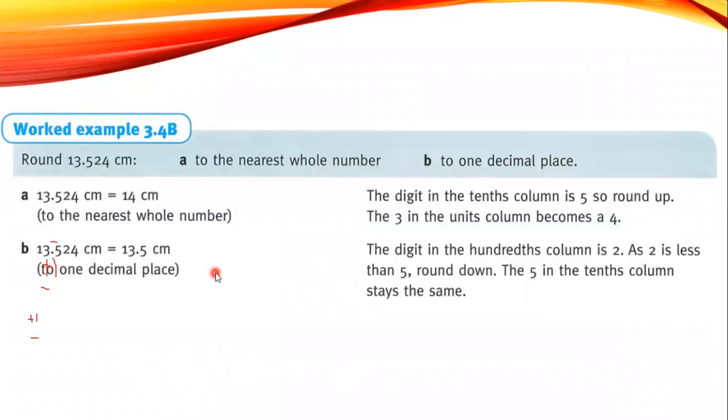So let's see this one. This one is the next example. First of all, round these numbers to the nearest whole number. Whole number means without points. If he's talking about without points, what will you do?